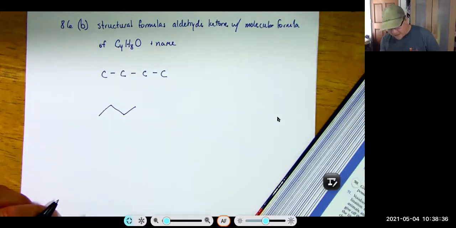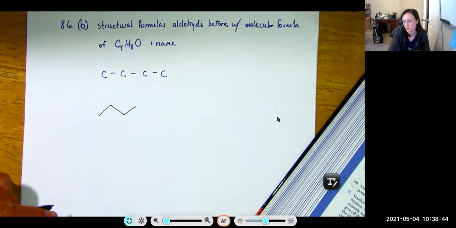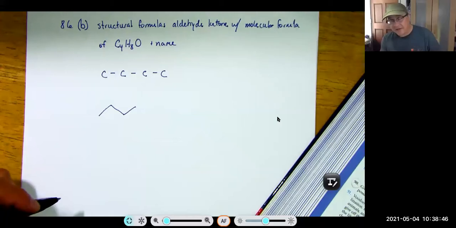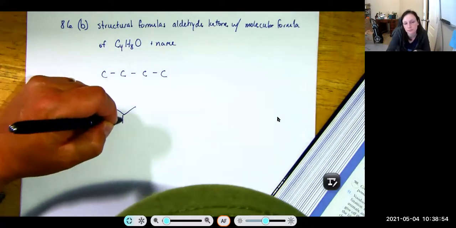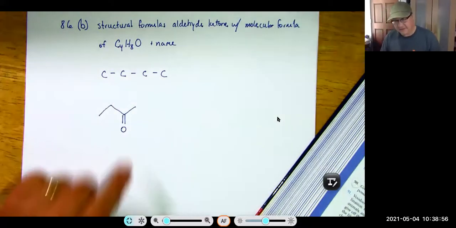For an aldehyde, where are we going to put the double bonded oxygen? It has to be on one of the ends, because we also have to have a hydrogen bonded to that carbon. If I put it here, is that going to be an aldehyde?